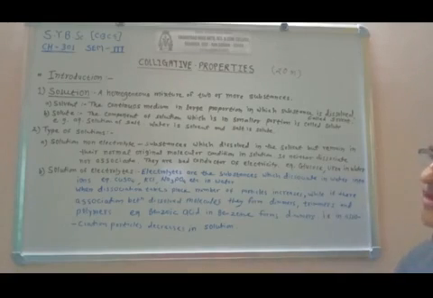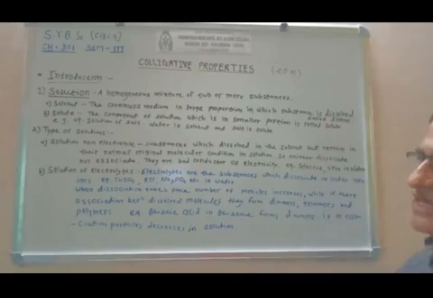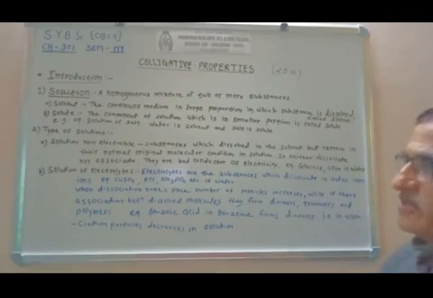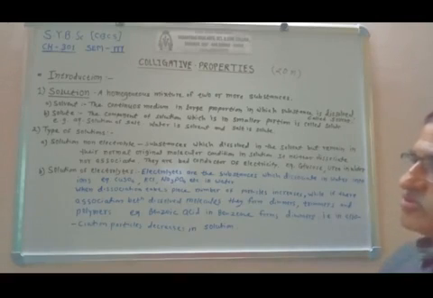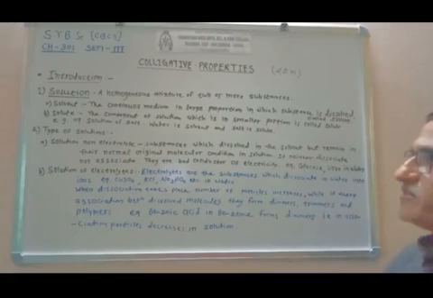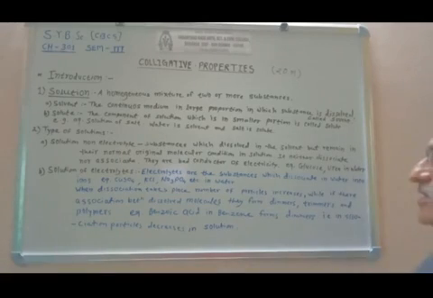Now on the basis of solute particles, solutions are divided into two types: solution of non-electrolyte and solution of electrolyte. First we study solution of non-electrolyte. Here the solute is dissolved in the solvent but remains in its normal original molecular condition.